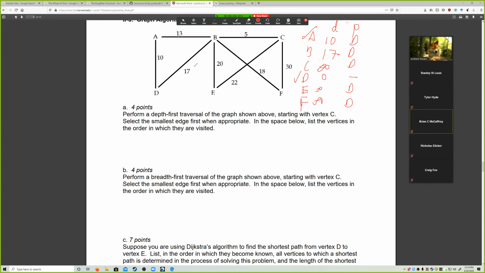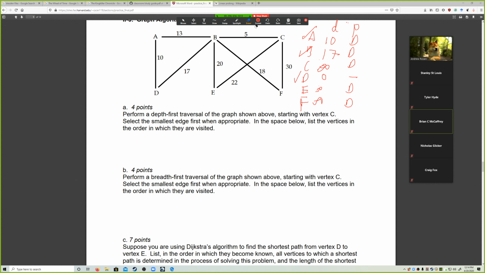Next. So now let's go through. Which is the cheapest, 17 or 3 infinities? 17 is. So we can get from B to C with a cost of 17 plus 5. That's 23. Is that cheaper than infinity?